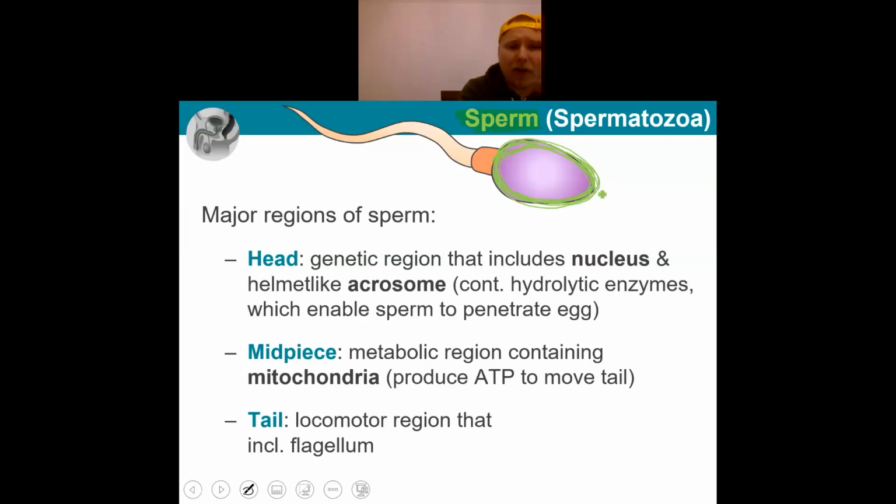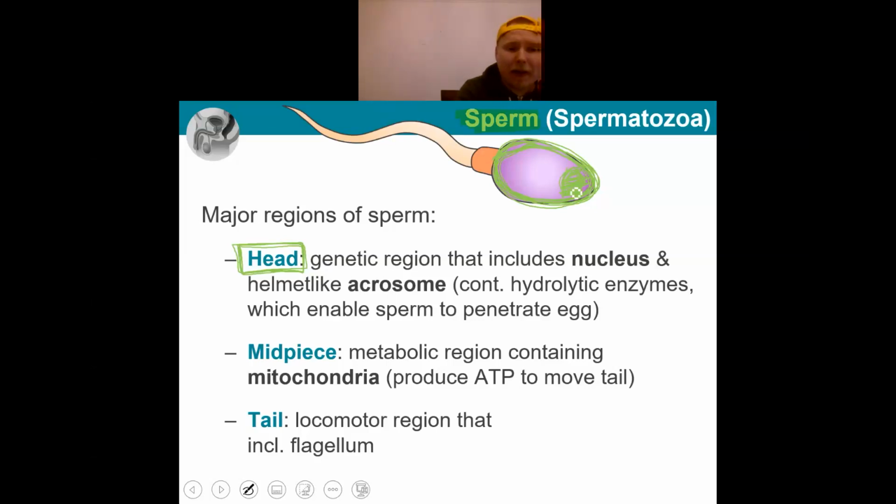This is the part of the sperm cell where the nucleus is included, so the genetic material is housed in here. We also have the acrosome, which contains the enzymes that allow the sperm to penetrate into the egg cell, because the journey of making it to the egg cell so that the DNA can be combined there, that's the hard part.